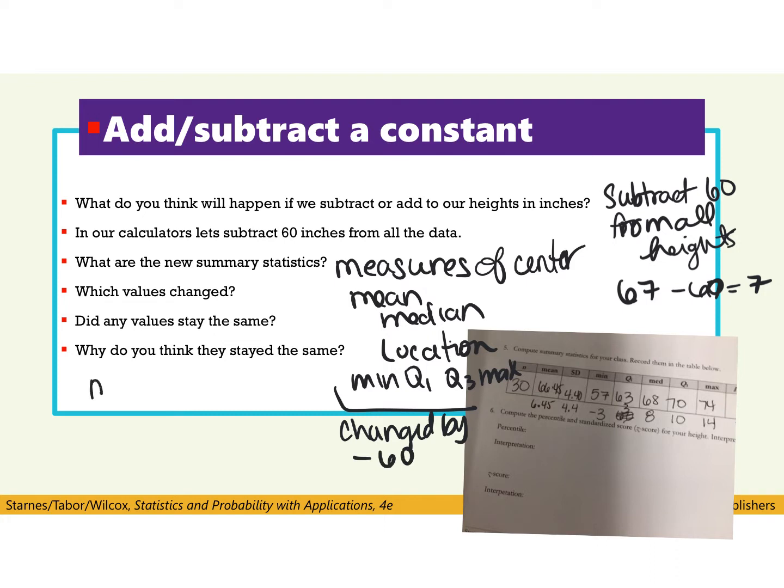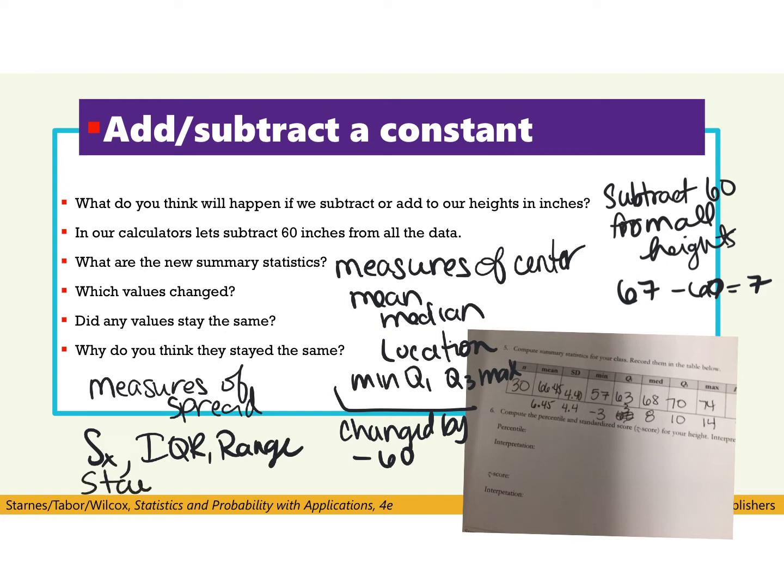But the measures of spread, standard deviation, Sx, IQR, and range stayed the same. Because I didn't make anything more spread out. When I'm multiplying all the numbers, my min and max get farther apart, and so my spread changes.